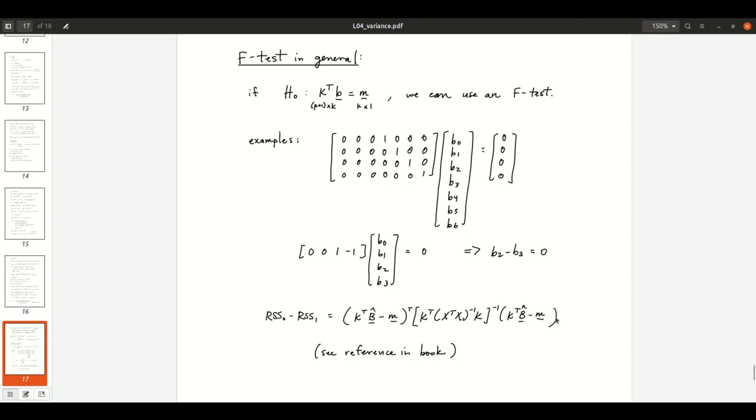So this is a quadratic form, and it turns out you can write this difference in residual sum of squares in this form. Maybe this is more natural to you. We're estimating B hat, checking whether it's close to M, and using this function of the difference to check how close it is to the hypothesized value. We're not going to derive this, but there's a reference in the textbook for this.